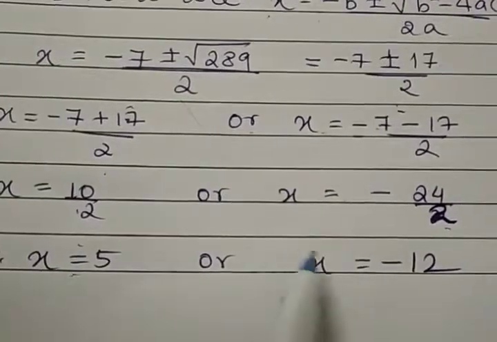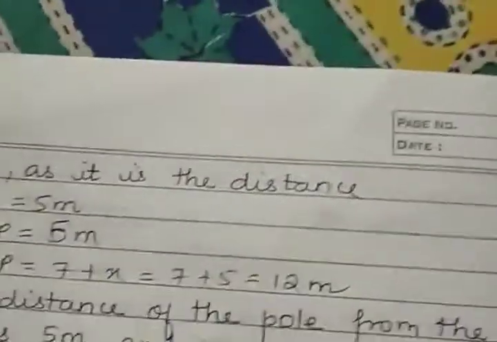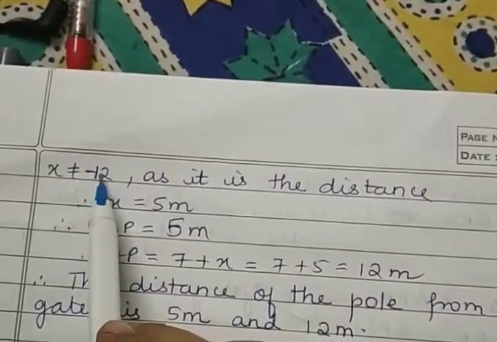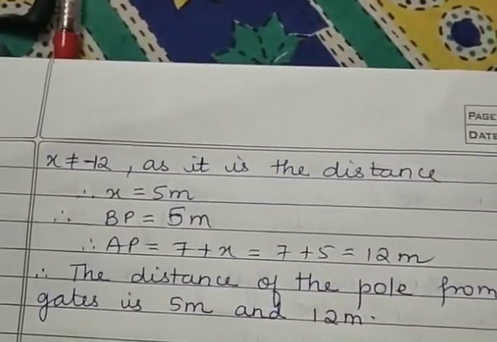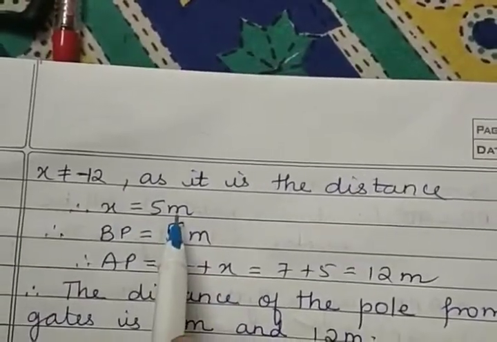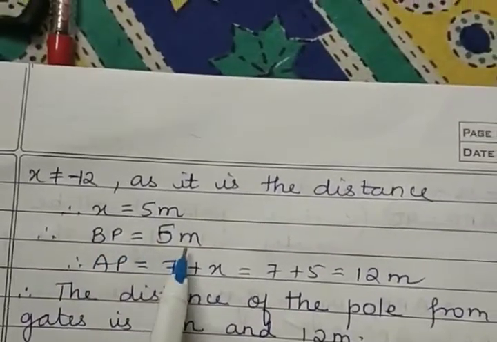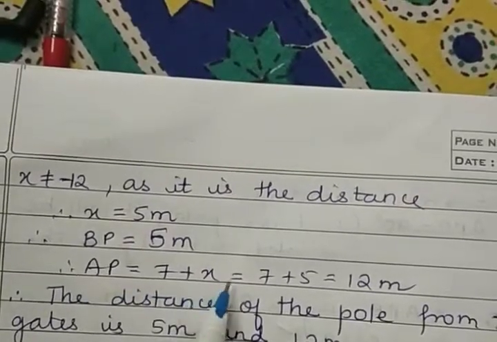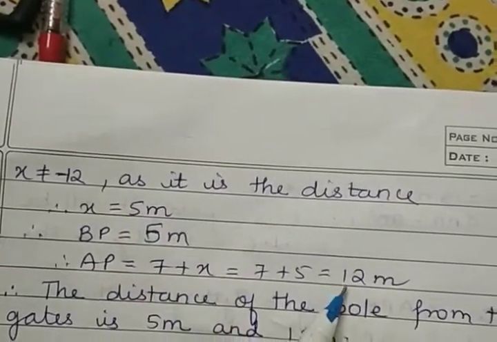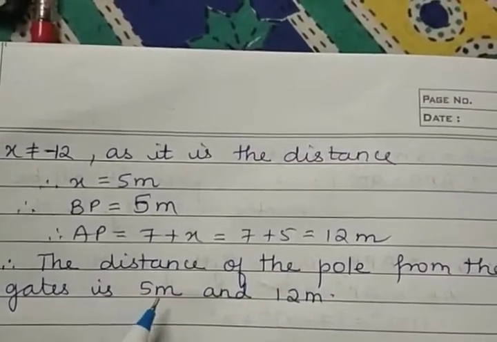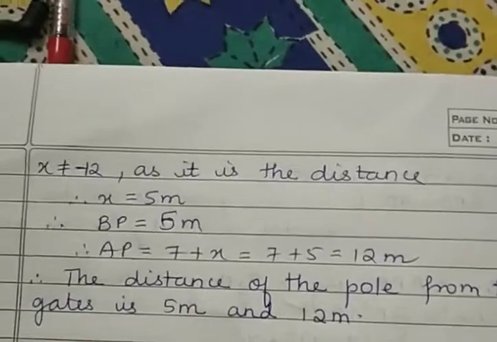So x is 5 or x is minus 12. Now here x cannot be equal to minus 12 as it is the distance. Distance cannot be negative. So x should be equal to 5 meters. That is BP is 5 meters. So what is AP? AP is 7 plus x. So this is 12 meters. So you have got the distance of the pole from the two gates as 5 meters and 12 meters.